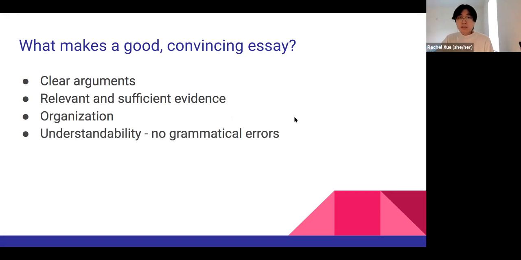And then lastly, understandability. So writing that doesn't have grammatical or spelling errors that are hard to understand. If you understand this about essay writing and what makes a good essay, this is basically what the writing section is testing. They'll ask you, is this article that you're reading well written, or how would you change it so that it is well written?